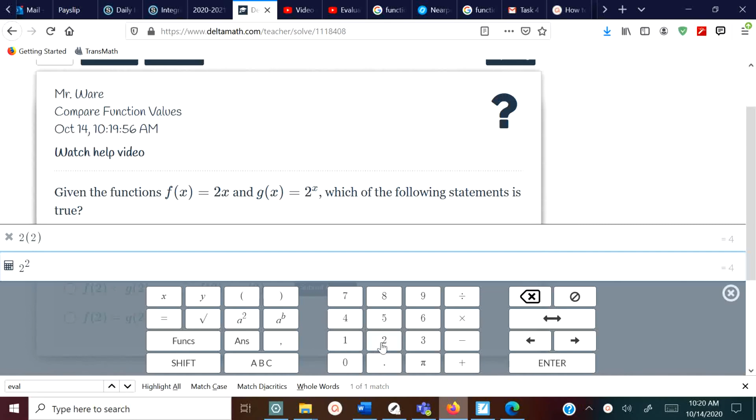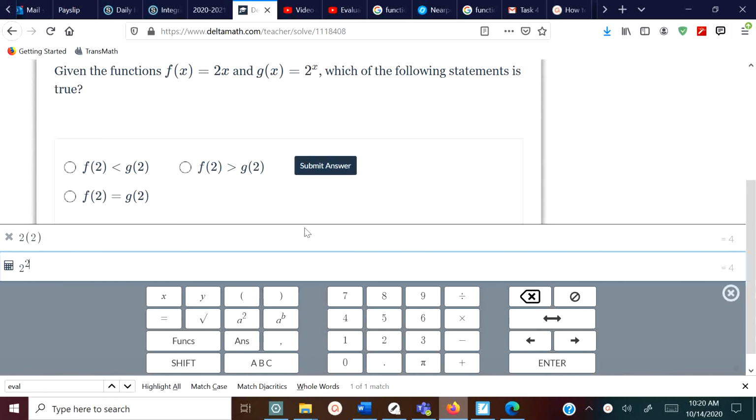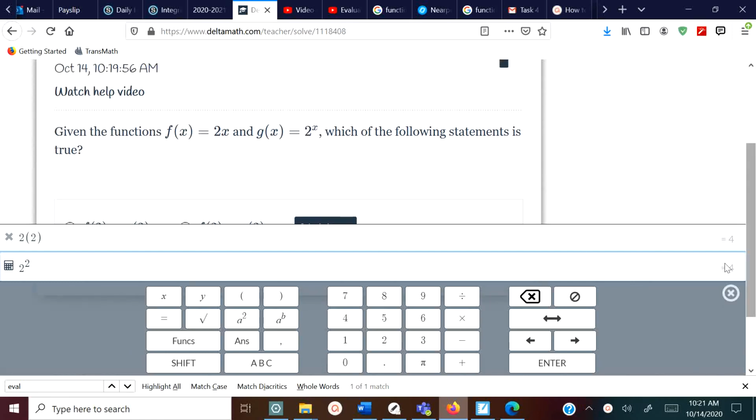How do I know that x is 2? Down here on all the choices, it tells us it's 2. Now, if I wait before I hit enter on the second one, I can see both numbers. This one up here is f of x, and this one over here on the right is g of x.